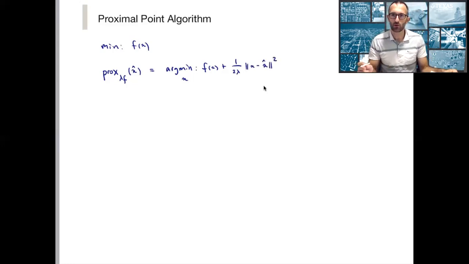And the proximal point algorithm is just simply to iterate this operator.